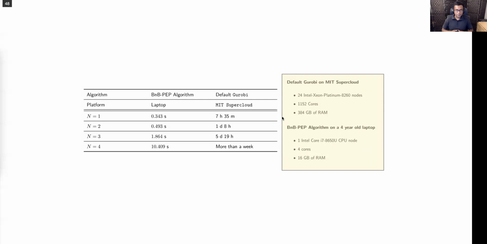In the end, when we are constructing our customized spatial branch and bound algorithm, we are using Gurobi in certain places as our base spatial branch and bound solver. But we are also trying to ensure that we exploit all the structures. So this, in a way, shows that if we are willing to exploit structure, what a difference it can make.